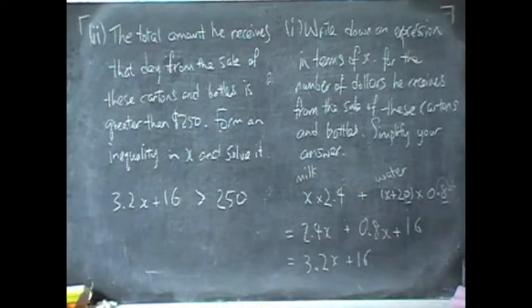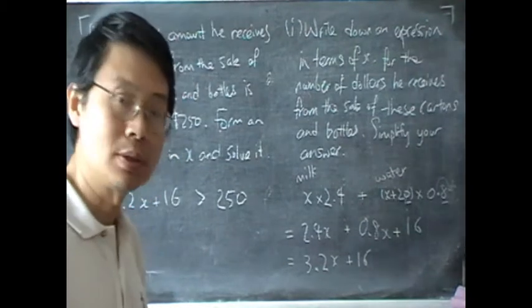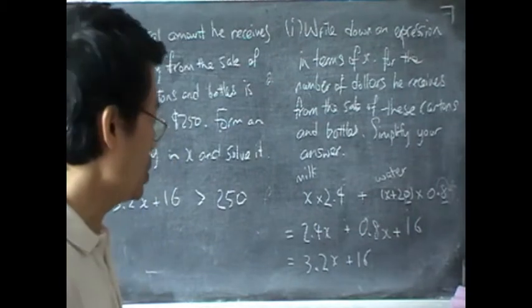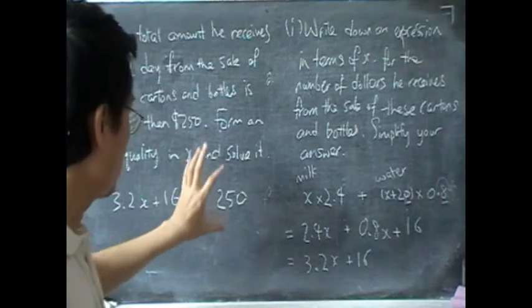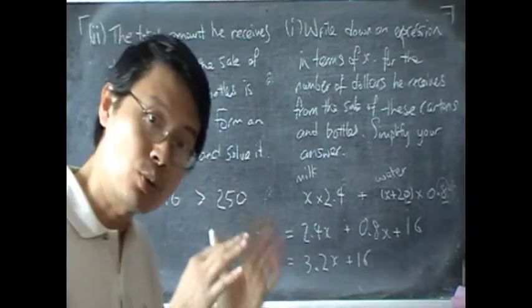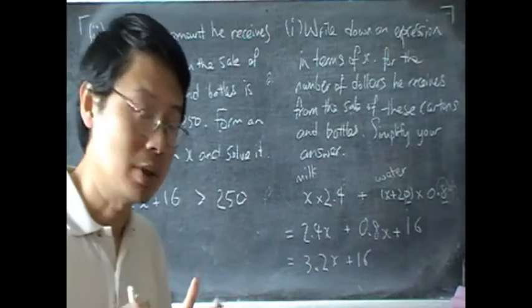Next, we must solve the inequality. The idea of solving an inequality is like solving an equation: we need to rearrange this until we have x on one side and all the numbers on the other side, and then we can calculate the answer.